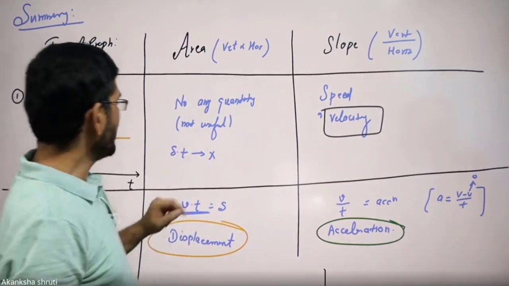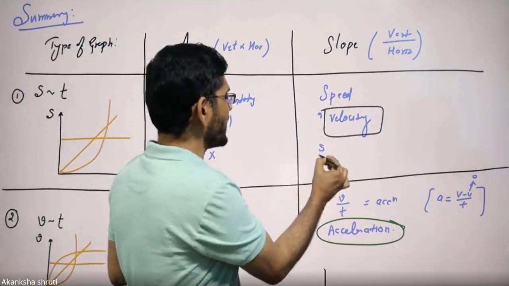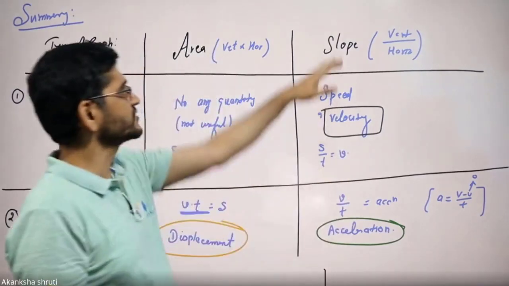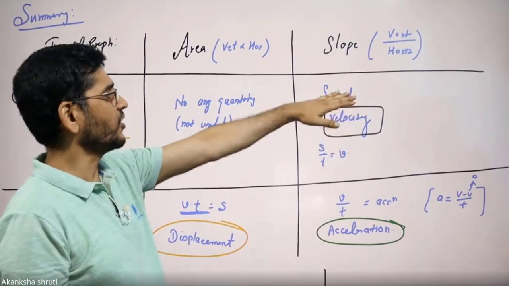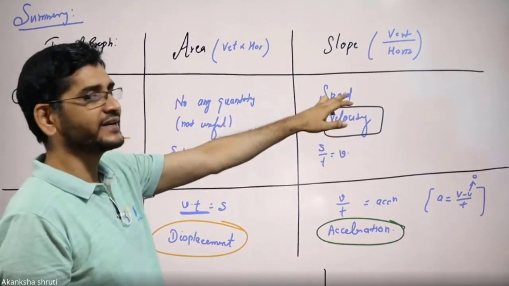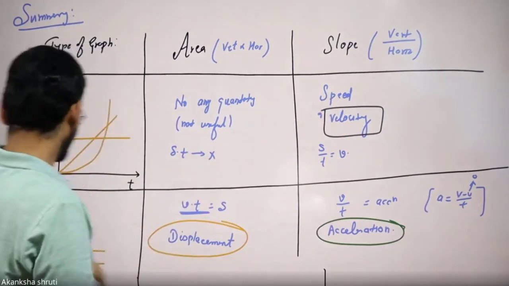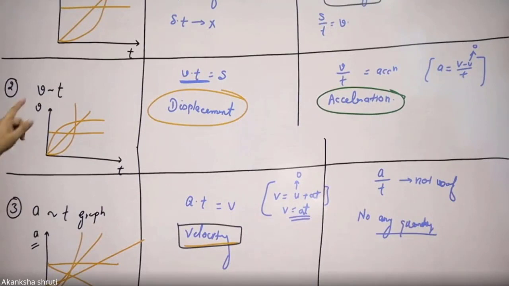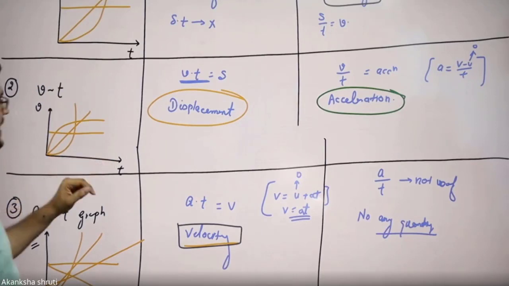But this distance by time is going to give the speed. So that's why the slope gives speed or velocity. Velocity in case of the displacement time graph, speed in case of the distance time graph. Another, consider the velocity time graph, where on the y-axis velocity is placed and on the horizontal axis time is placed.